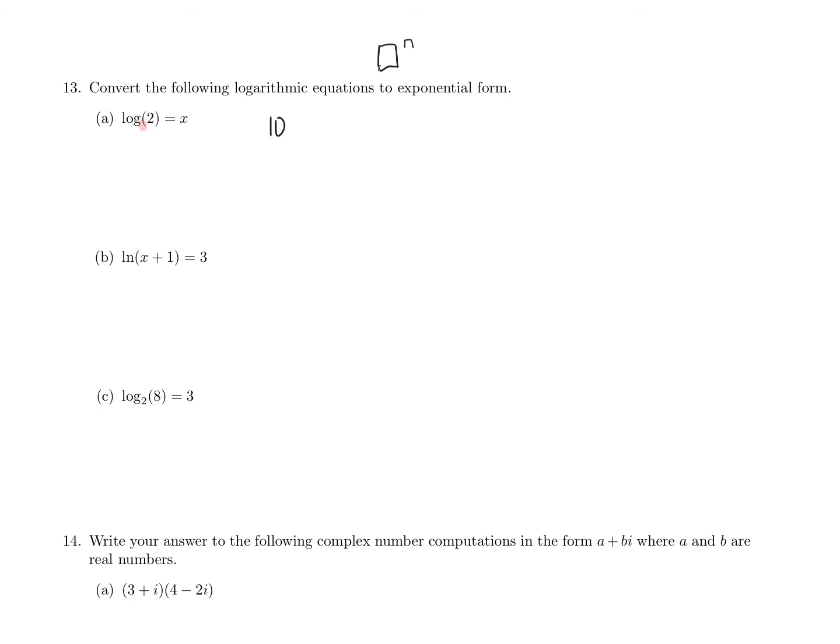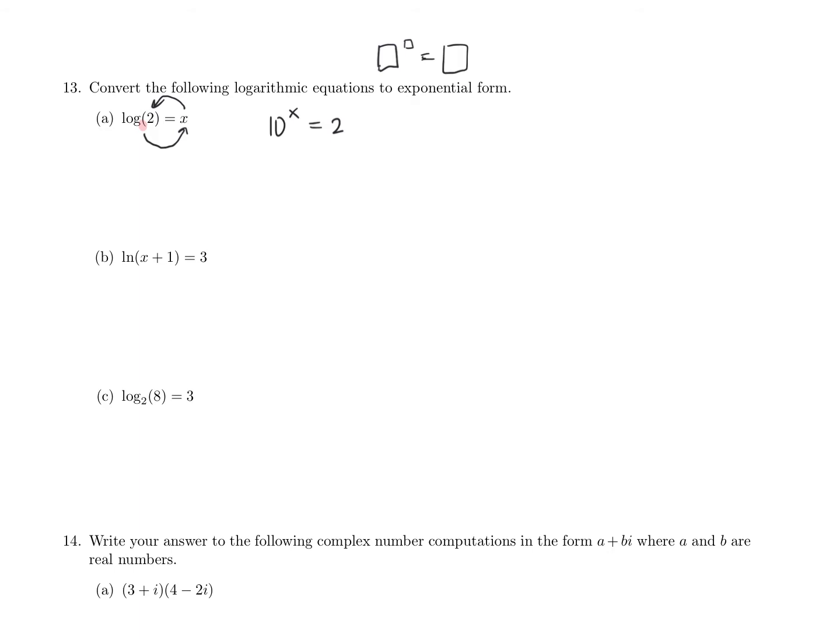It's a base raised to an exponent is equal to something else. The way you fill in these boxes is you first identify the base, then you go across the equal sign to find the exponent, and then you go back across the equal sign to get what it's equal to. So 10 to the x power is equal to 2. That's the answer for part A.